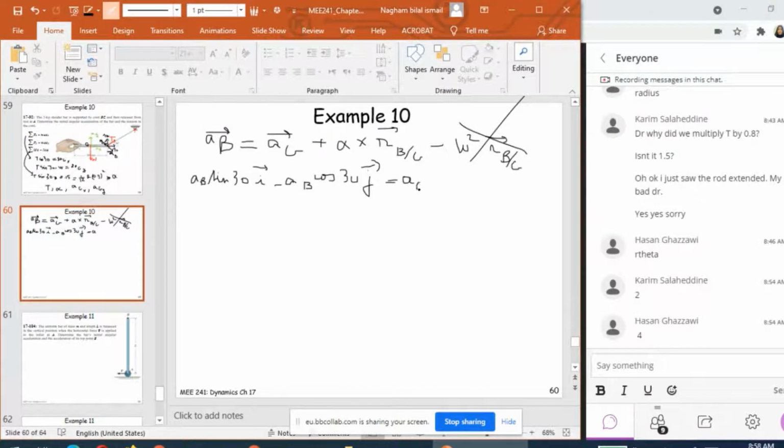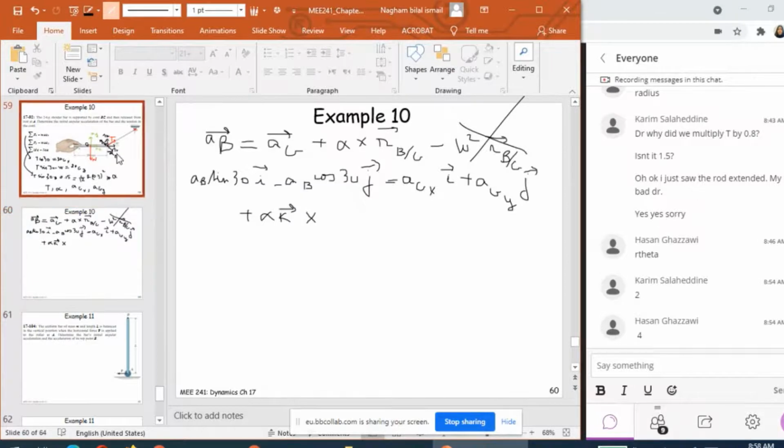It's AGx I plus AGy J plus alpha K cross GB.